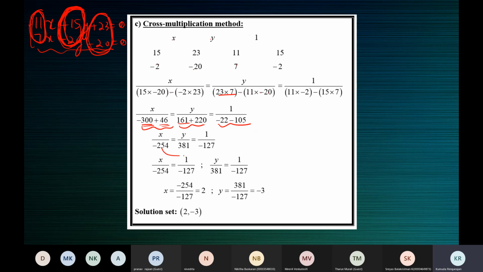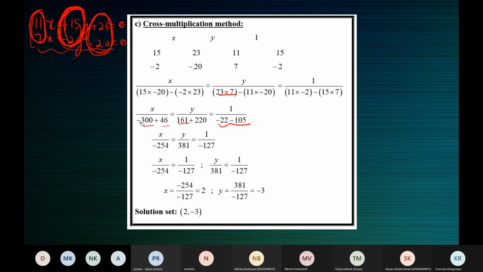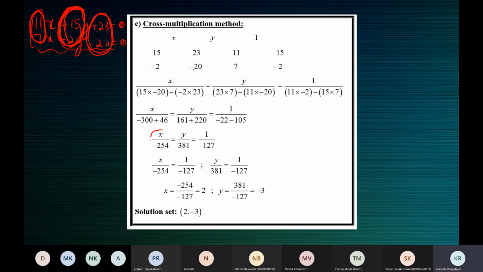Now equate this with this to find the value of x. Equate this with this to find the value of y. So see here, x by minus 254 is equal to, because all the three are equal, 1 by minus 127.